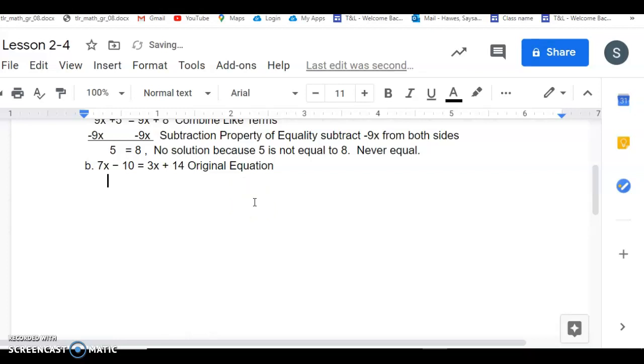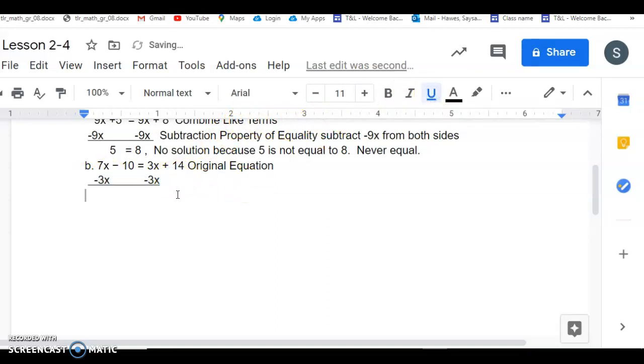I have 7x minus 10 on the left and 3x plus 14 on the right. So I need to try to eliminate the 3x on the right side. That means I'm going to put the opposite, which is negative 3x, on both sides. So I put negative 3x on the left and negative 3x on the right. Next, I use the subtraction property of equality, I subtract 3x from both sides.